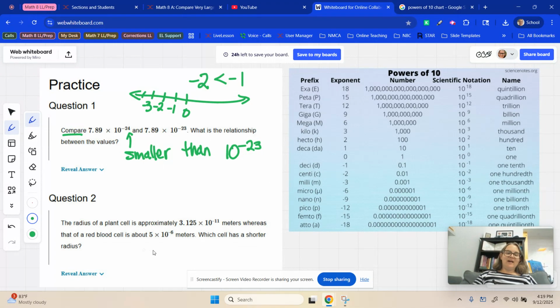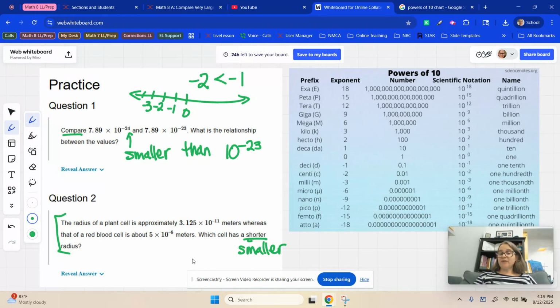Okay. And then here, this is the same kind of thing, but they're gonna throw some real world things on it. So we've got a plant cell and a red blood cell. Okay, they're giving us the approximate size of it, and they're asking which cell has the shorter, meaning the smaller radius.